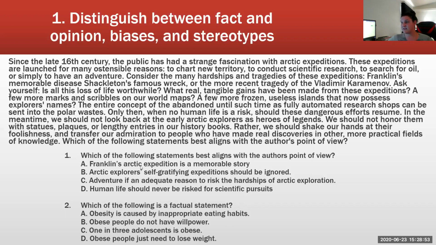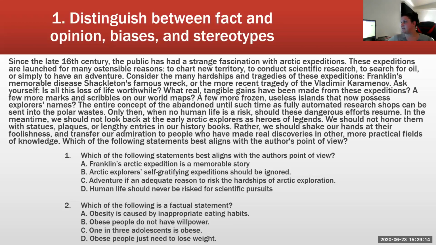So let's look at this. Franklin's Arctic expedition is a memorable story. That's not correct. Something that is memorable is something that should be recalled regularly, and this author clearly has a negative feeling toward the Arctic explorations.